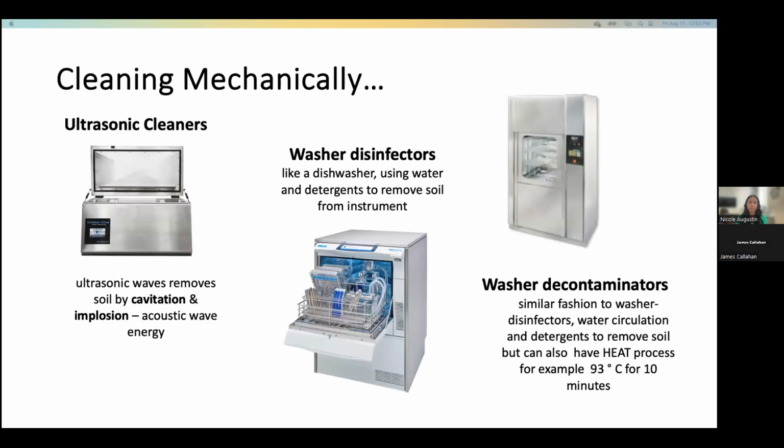Next slide. Cleaning mechanically. This part can be very intimidating, and hopefully the graphics will give you a better sense of what I'm going to be discussing. Ultrasonic cleaners use ultrasonic waves that remove soil by cavitation and implosion through acoustic wave energy.